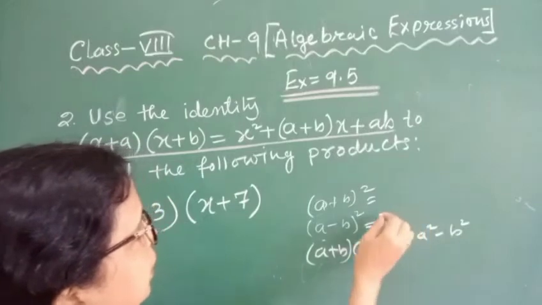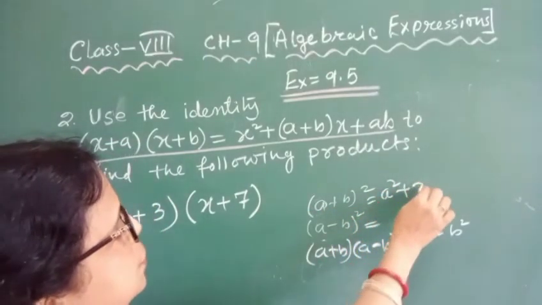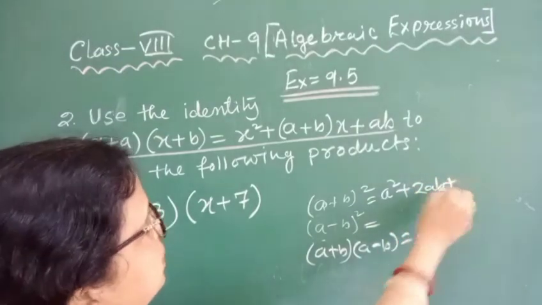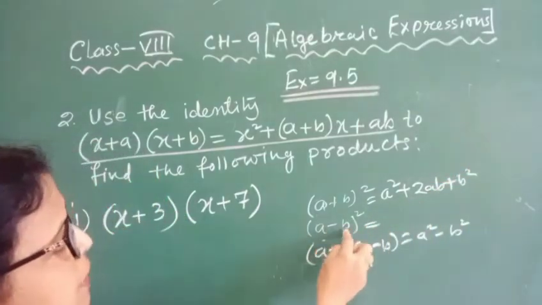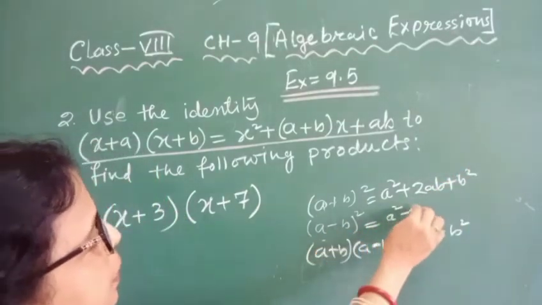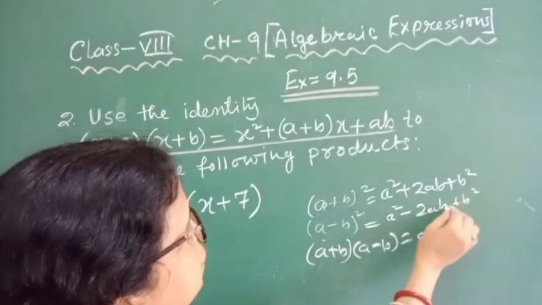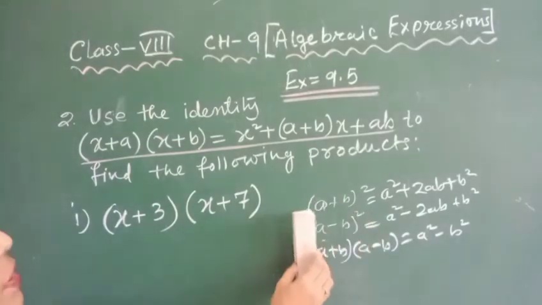A plus b whole square is a square plus 2ab plus b square. Repeat with me: a minus b whole square is a square minus 2ab plus b square. So all these identities we have already used, and by using these identities we have done a few sums also.